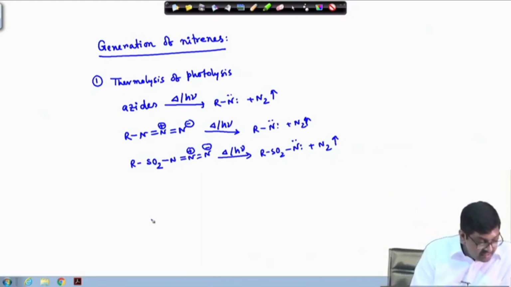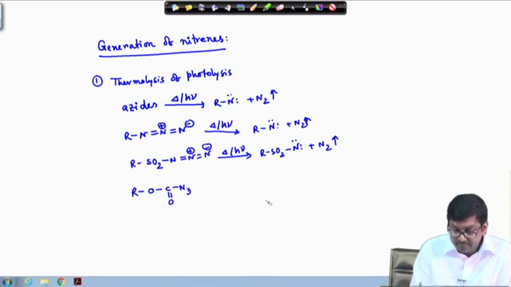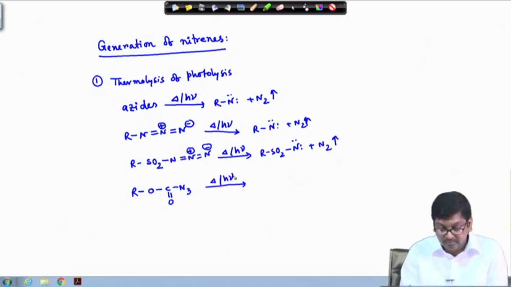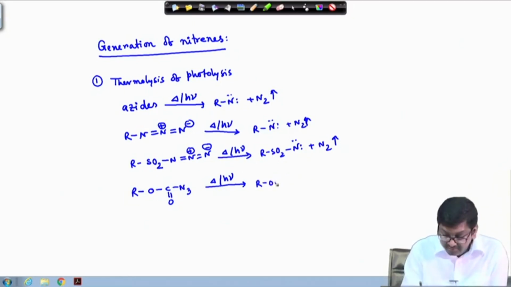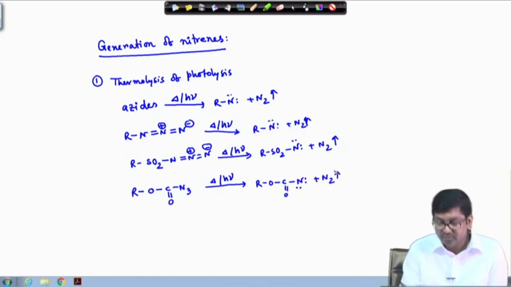Similarly, if you take alkyl azidoformate as the starting material, this will also give the carboalkoxy nitrene with nitrogen elimination.